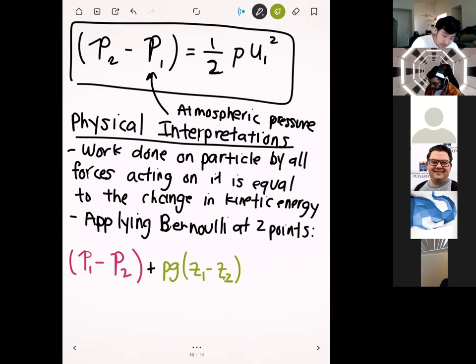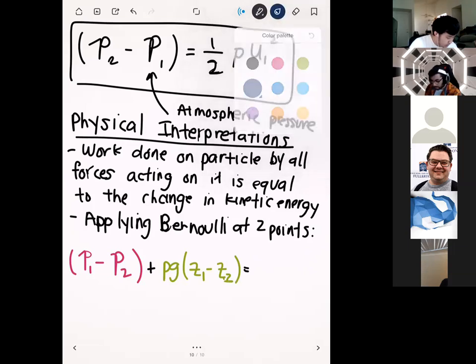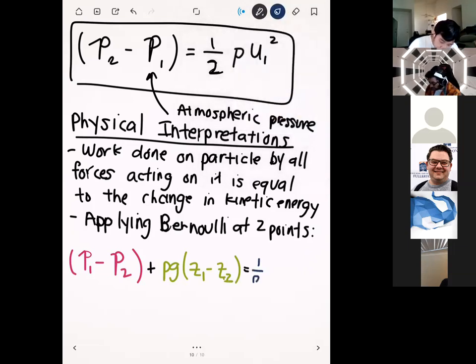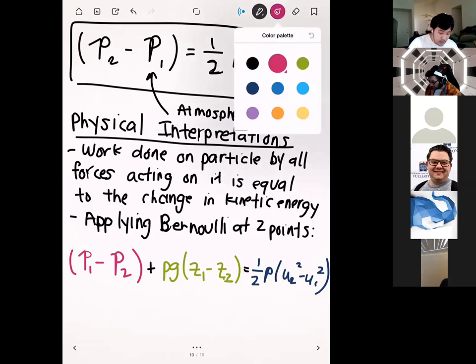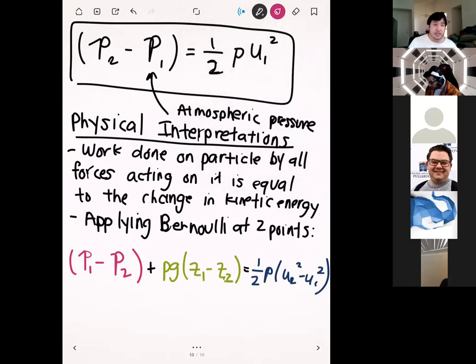And then all this is going to be equal to a change in kinetic energy. Okay? This is basically just the same Bernoulli equation that I had on the previous page. I just rearranged the terms a little bit to make it more convenient for this interpretation.